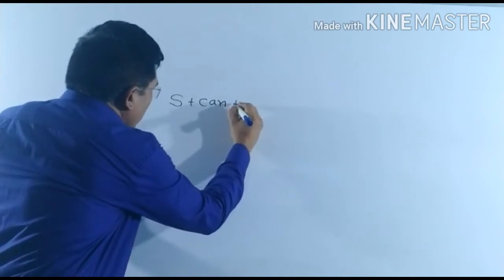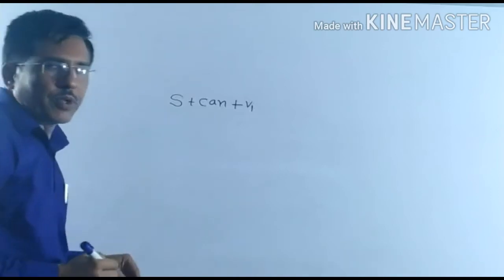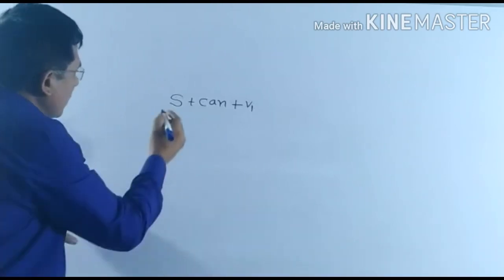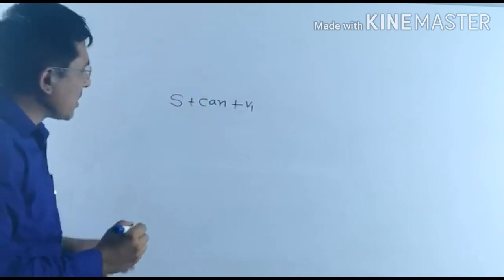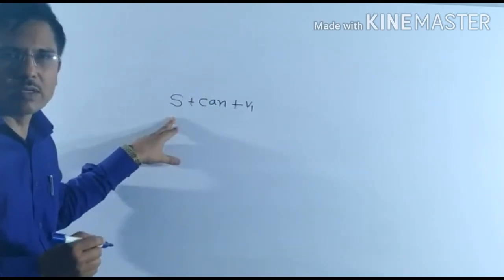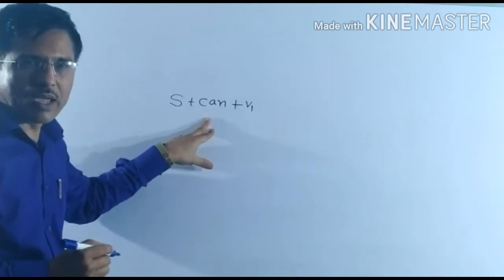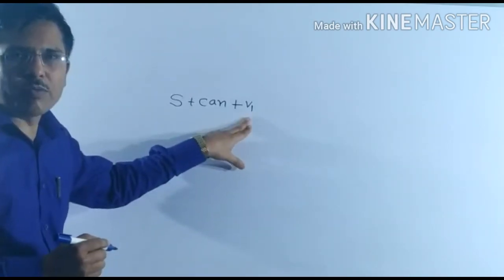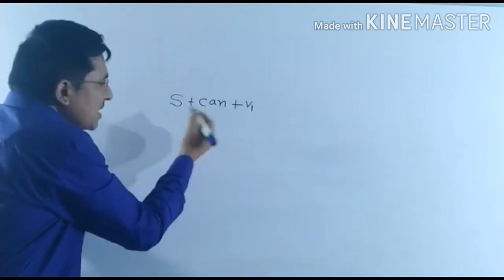We have practiced verb forms in our video. So here our formula is ready. First you have to take subject. We have got the list of subjects. Then take can and base form of verb. Let's take subject first. Any subject.